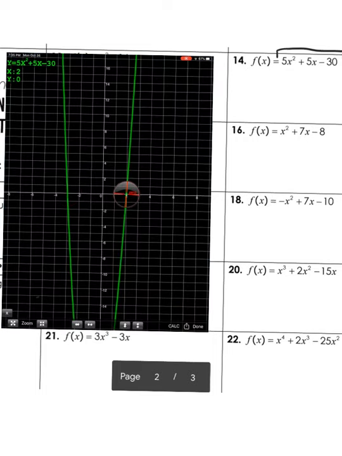We have one here, which is at x equals -3, and then one here, and that is x equals 2. So there are two solutions to this graph.